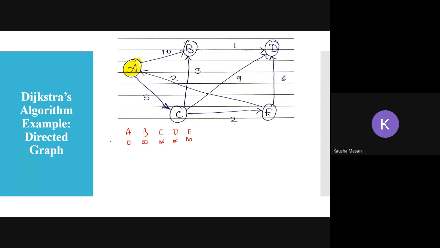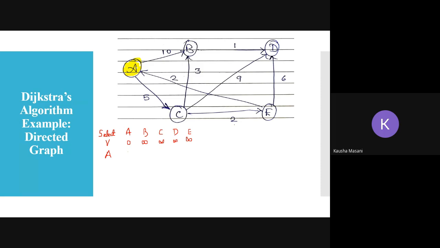And here there will be one column where you are going to keep the record of your selected vertex V.